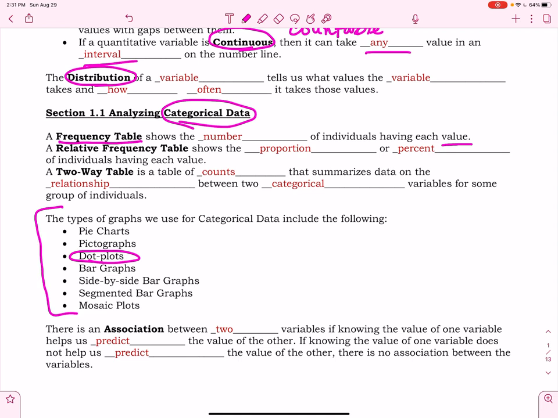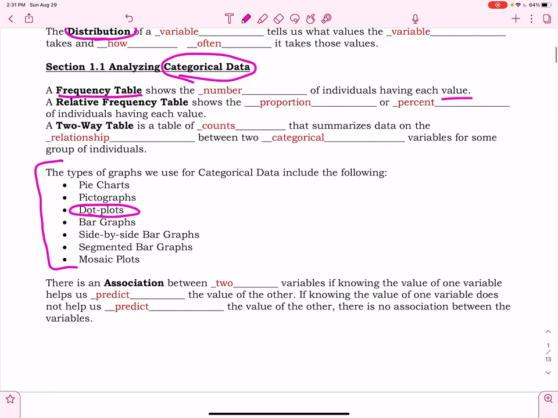Okay, a two-way table is just a table of counts that summarize our data in relationship between two categorical variables or more. It could be more than two categorical variables. So we're going to look at a couple of these. Pie charts are pretty easy, just your standard: what's the percentage of this, what's the percentage of this, and so on. So you've got your little percentages and it's all color-coded.